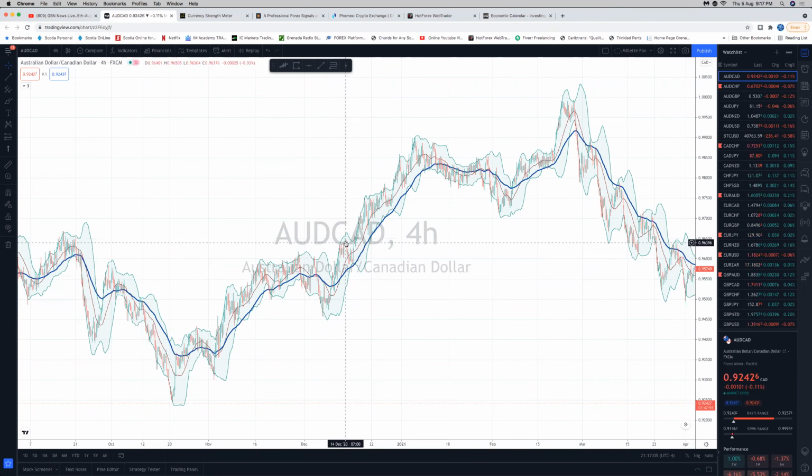Okay, that's as far back as it goes. Let's try another currency pair and see something. All right, so that's where we are now.